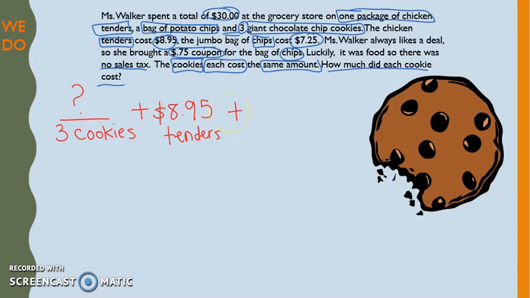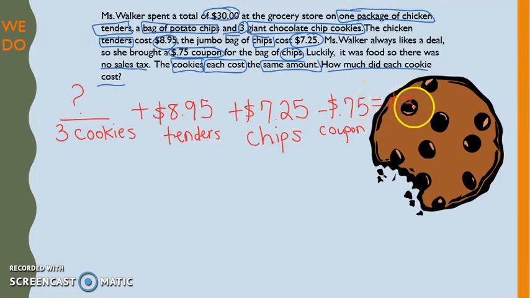Next we're going to add in the $7.25 for the jumbo chips. And then we're going to subtract 75 cents because I had a coupon to save money for those chips. When we have a coupon, we're subtracting because it's a savings. And all of this is going to equal the $30 total that I spent.